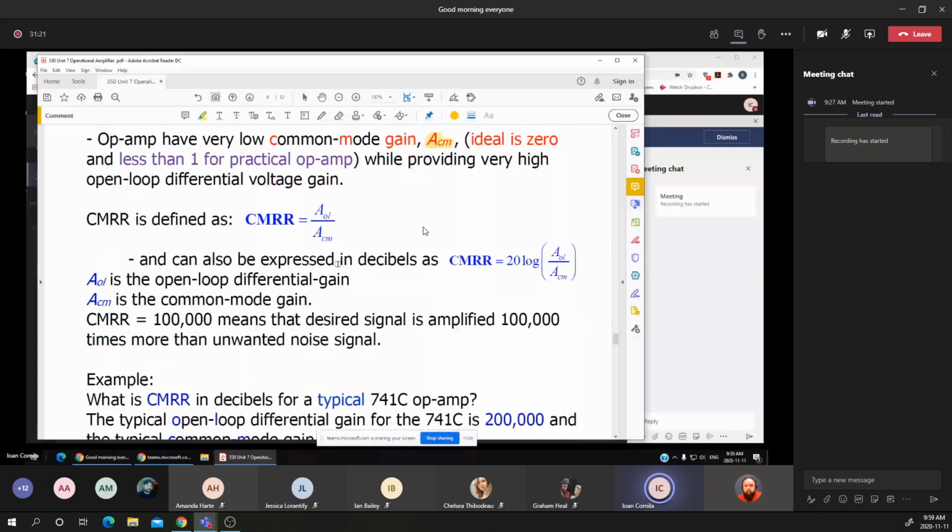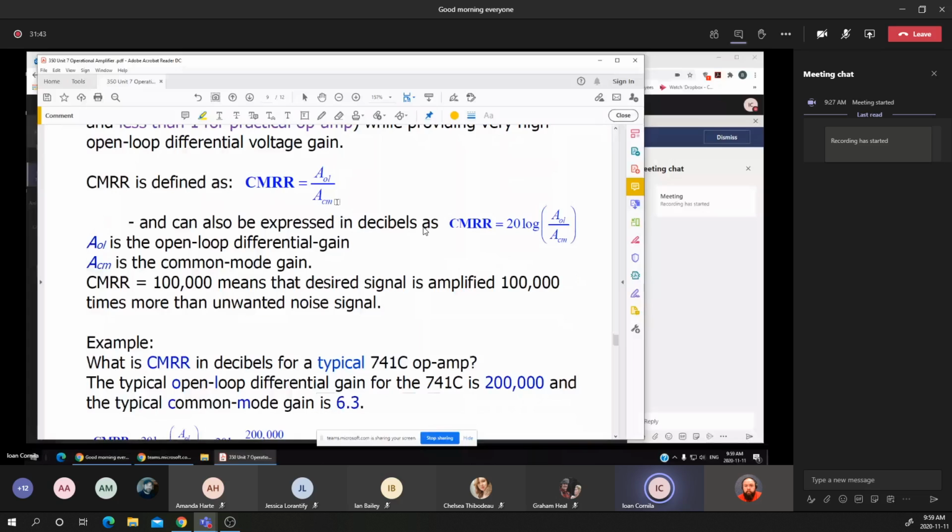Now, how can we define the common mode rejection ratio? The ratio between the gain for an open loop over the gain for the common mode. I mentioned that those two values are given, are provided, means that we can calculate the CMRR as the ratio of the two gains, the open loop gain and the common mode gain. That's a pretty large number for the CMRR.